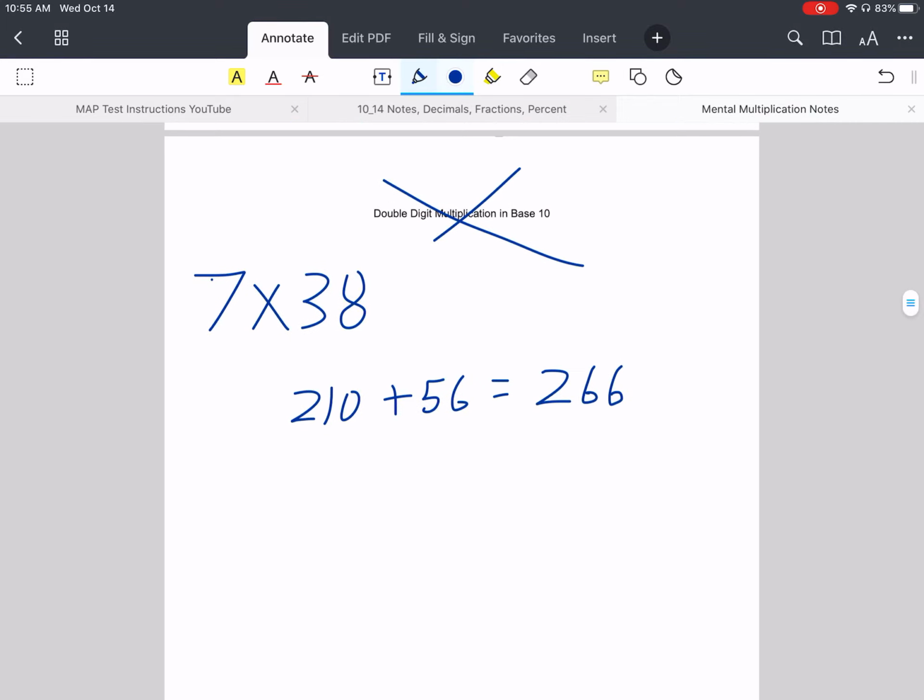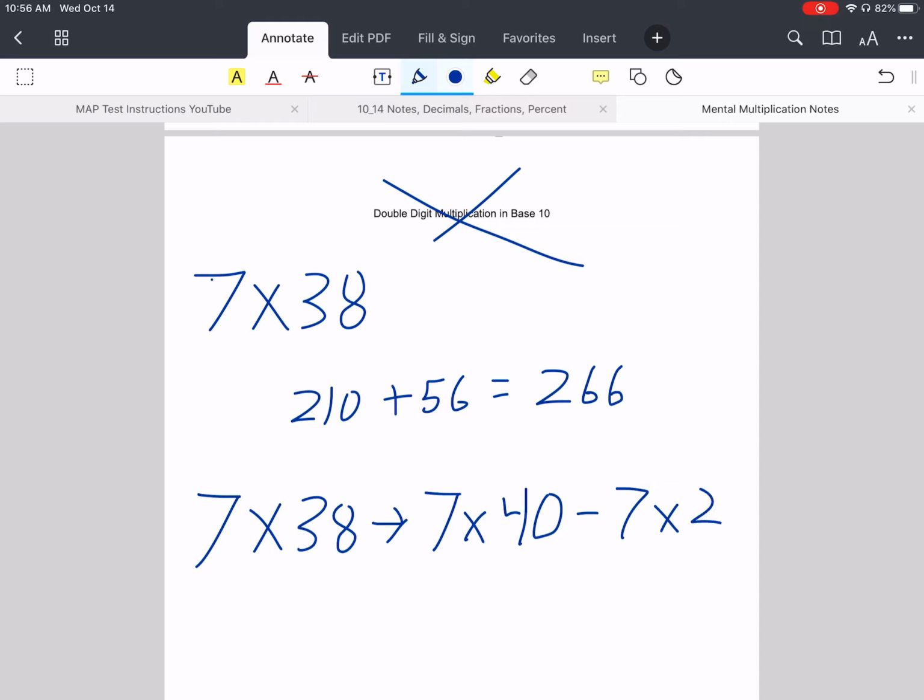Another way I can think of this, because 38 is closer to 40, so for those of you who can do subtraction well in your head, you can think of this as 7 times 40 minus 7 times 2. Because again, 40 minus 2 will get you to 38.